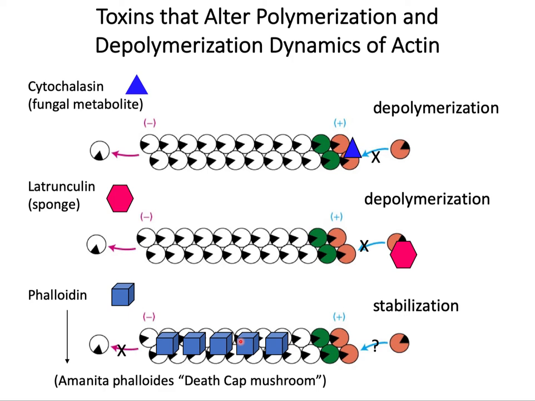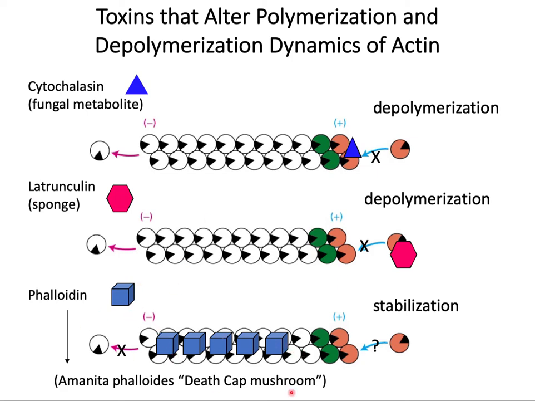But phalloidin binds to the side of an actin filament. It stabilizes the whole filament, so you no longer have the loss at the minus end. And there is some evidence, but it is not conclusive, that phalloidin also prevents addition at the plus end. So when you add phalloidin to the cells, it is like you are fixing and freezing the filaments in time.